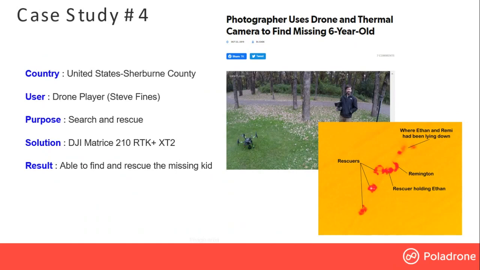As you see in the pictures on the right hand side, the thermal imaging shows where the kid was lying down, and the rescuer went to rescue the kid. So as we can see, thermal imaging can be used in different industries, and also for search and rescue, public safety, surveillance, and even some inspections.